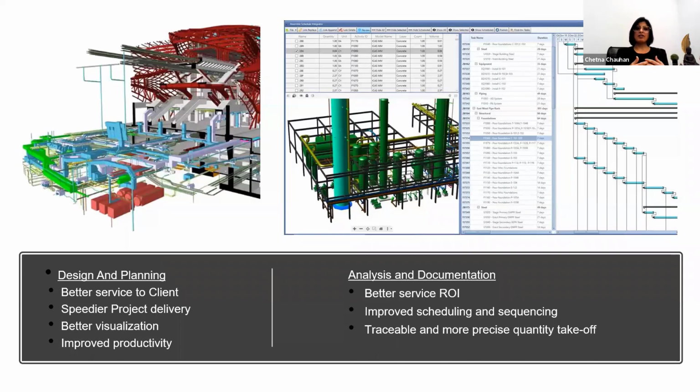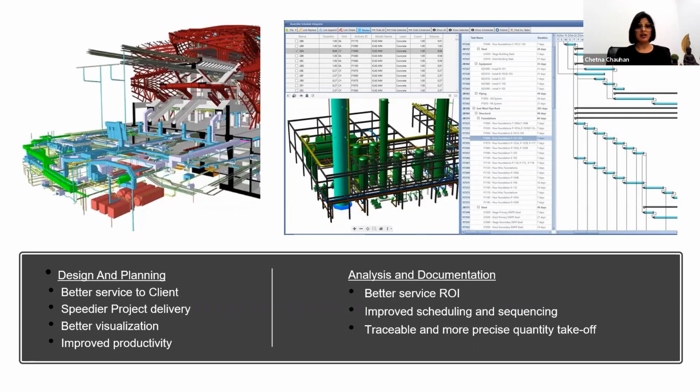Plus, because these software tools are not plain 2D drawings, we are able to visualize these designs in a much better way. We are able to produce the drawings in a much better way, which moves to the next stage: when I am able to really see a 3D model, I don't have to make an extra effort creating a new 3D model.